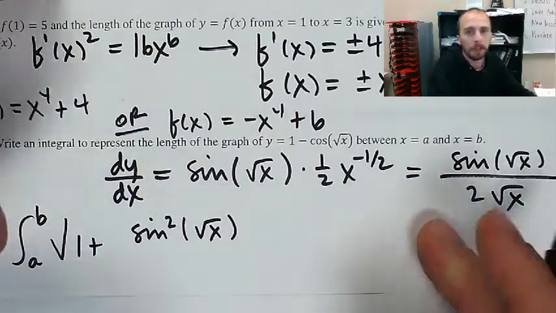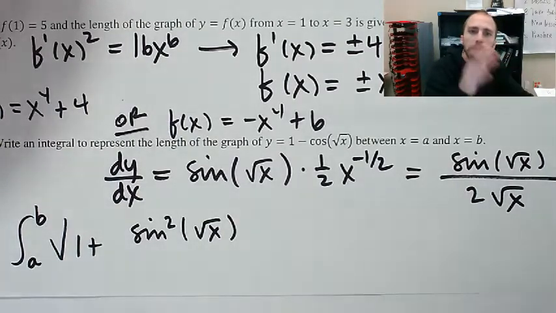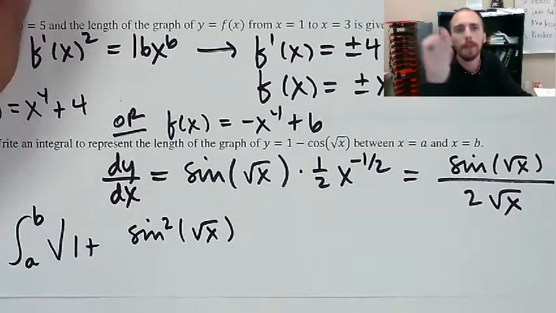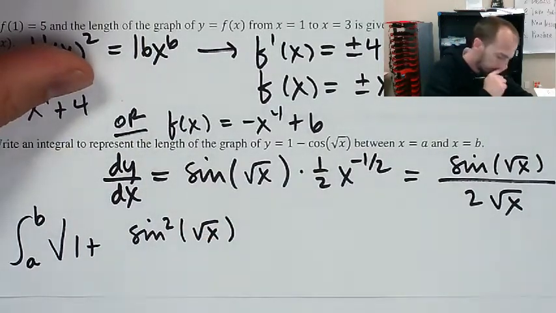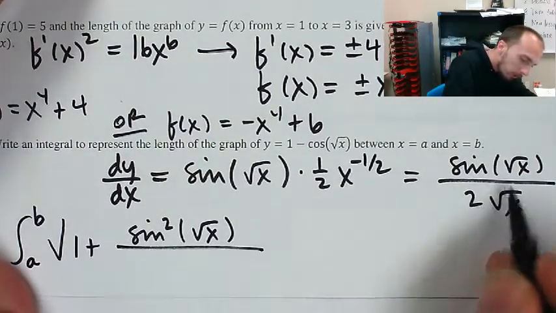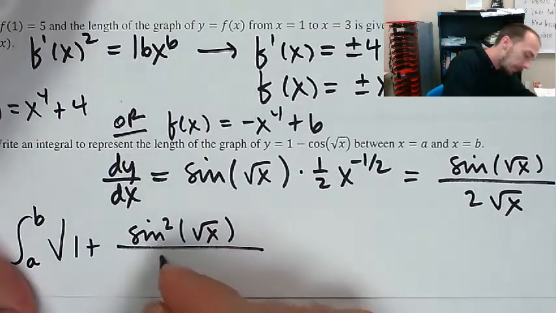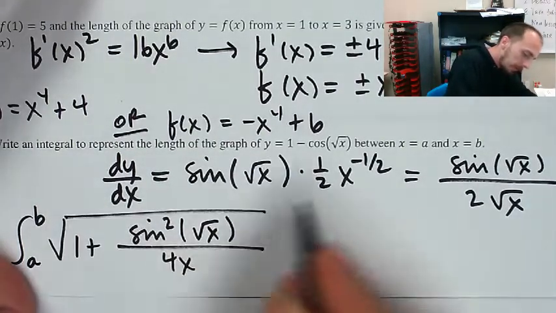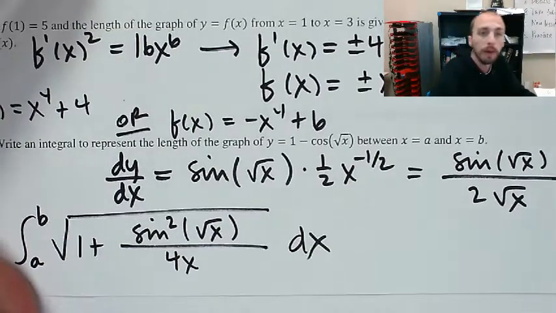It's sine of square root x. If you track a number, you take its square root, then take the sine of that, and then square that. That's not going to impact the x getting square rooted before the trig happens, right? So it's just sine squared, divided by, if we squared that, 4x. That is not the type of thing we know how to anti-differentiate, so we just write a dx and we're going to be happy with that.